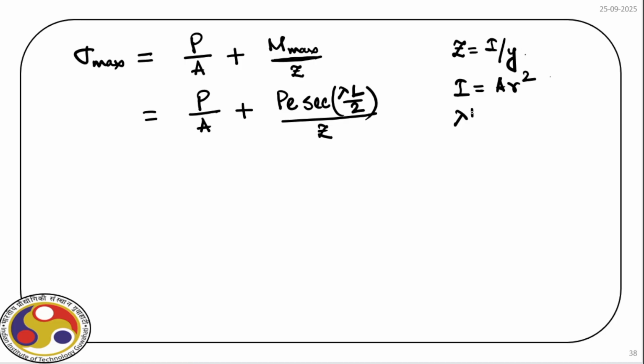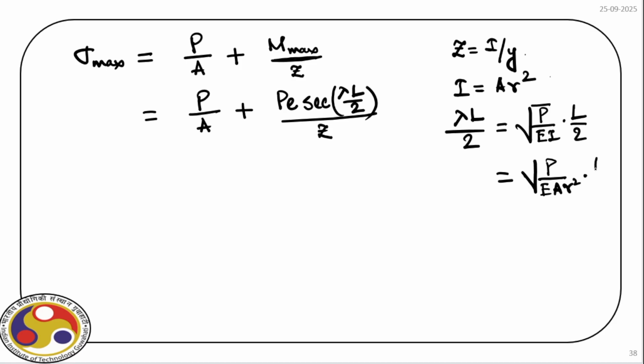So we can put the expression of lambda in this lambda L by 2, and if we do that, we have lambda equal to square root of P by EI times L by 2. So in place of I, we can write P by E A R square times L by 2. And then ultimately we get L by twice R square root of P by EA.